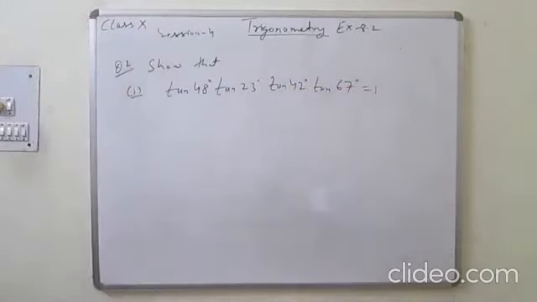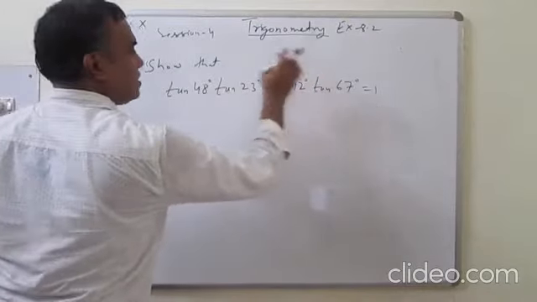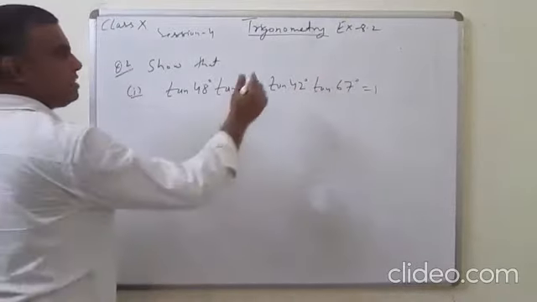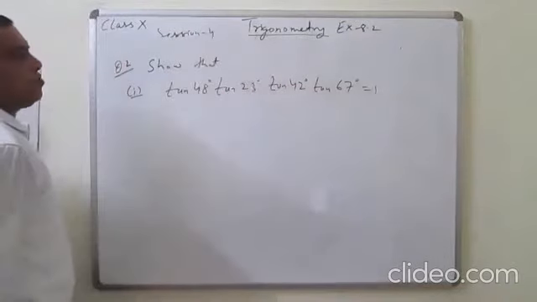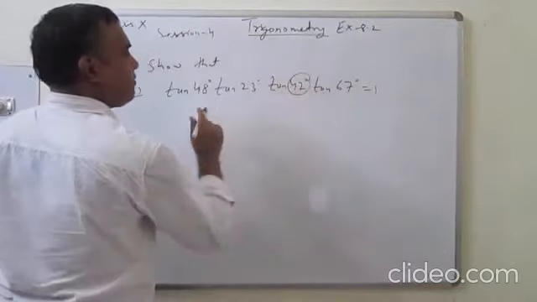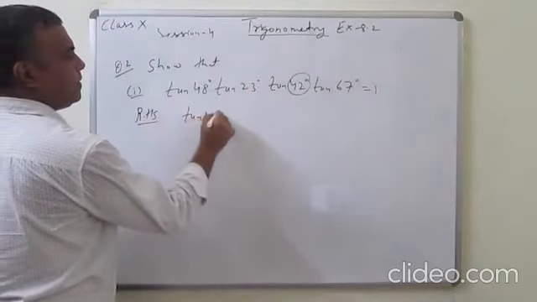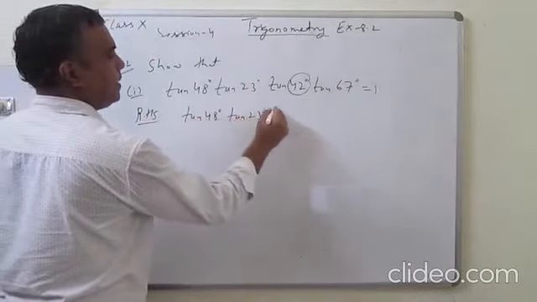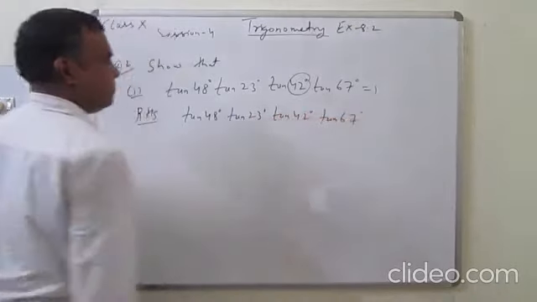Left hand side is equal to right hand side. We have to prove it with 48, 23, 42 and 67. We will change one pair to 90: either 48 and 23, or 42 and 67. If I take the left hand side: tan 48, tan 23, tan 42, tan 67.